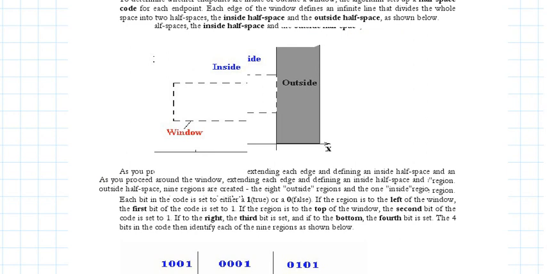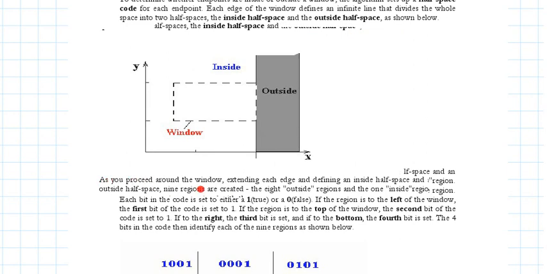You have created half spaces with respect to each and every edge, and as you proceed around the window extending each edge and defined an inside half space and outside half space for each and every edge, 9 regions have been created, the 8 outside and 1 inside region.